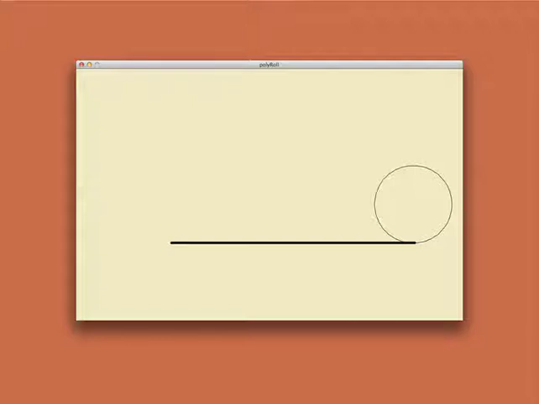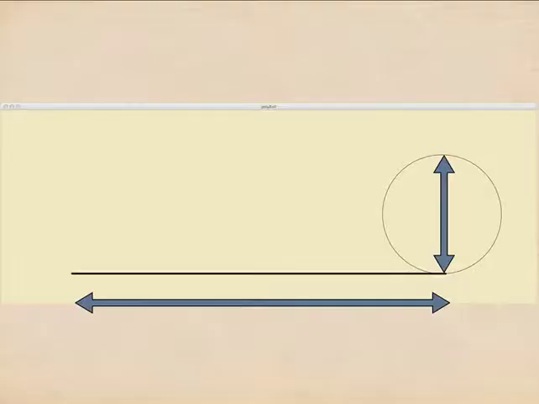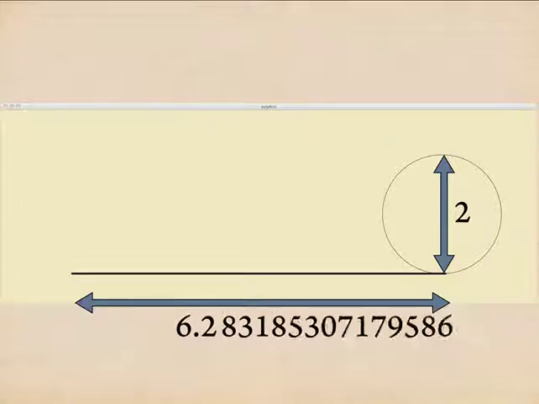Now people might have given this length, the unrolled circle, a Greek letter of its own. And in fact, some people have proposed doing exactly that. But instead, they took one more step. They took the circle of diameter 2 and the length of the unrolled circle, 6.28, and of course we know that those digits go on and on forever, and they divided them.